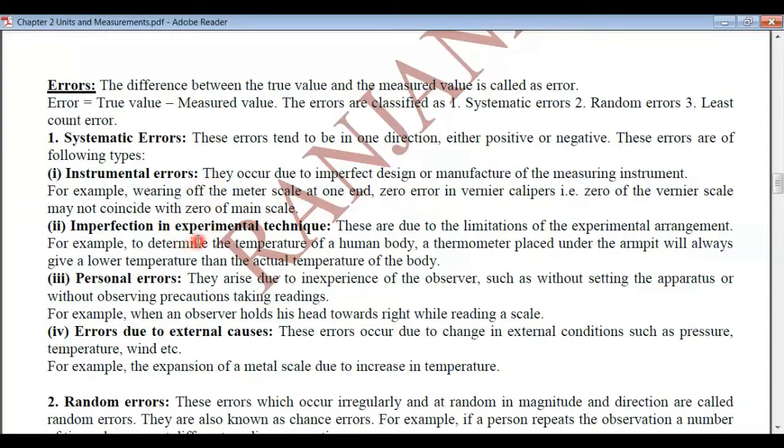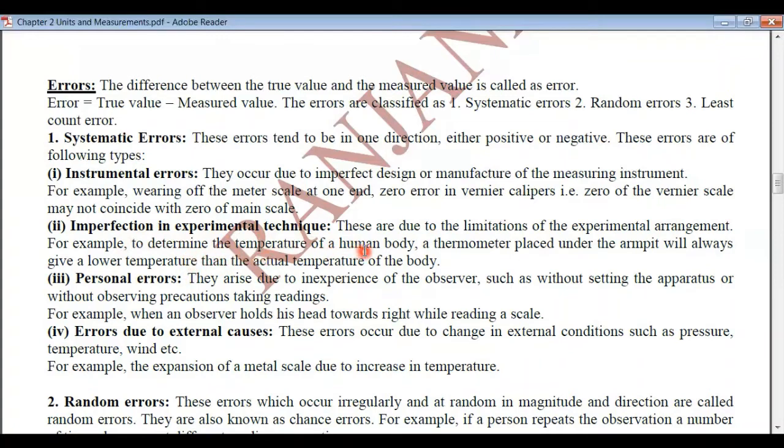The second type of systematic error is imperfection in the experimental technique. Due to the limitations of the experimental arrangement or due to some imperfection in the technique, some error may arise, which is called the imperfection in the experimental technique. Let's take an example.